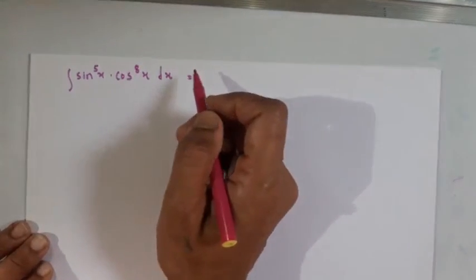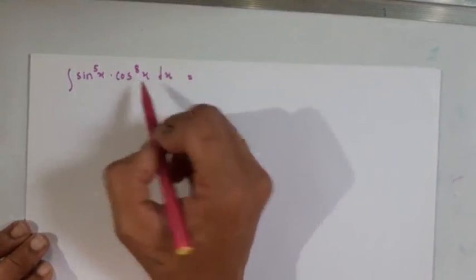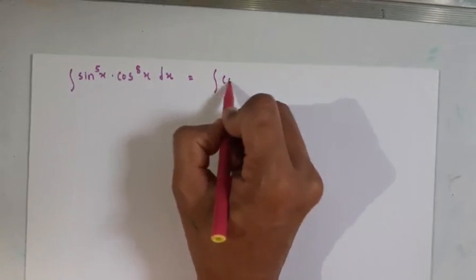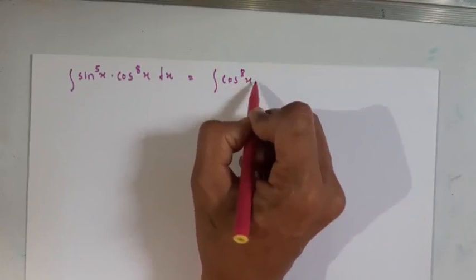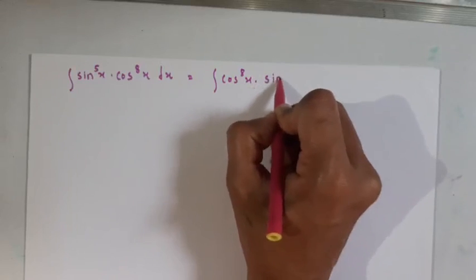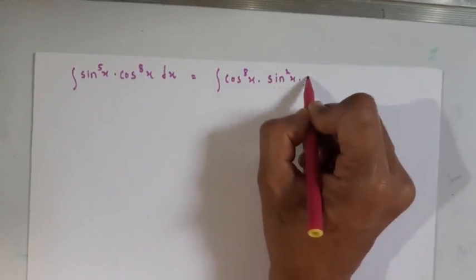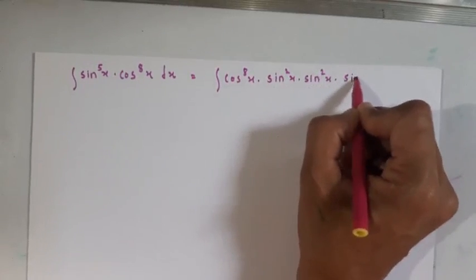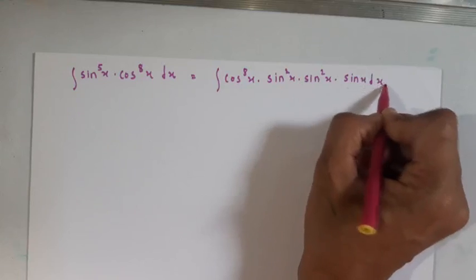Okay students, so here we can write this cos raised to 8x as it is, and this sin raised to 5 we can write as sin square x into sin square x into sin x with respect to x.